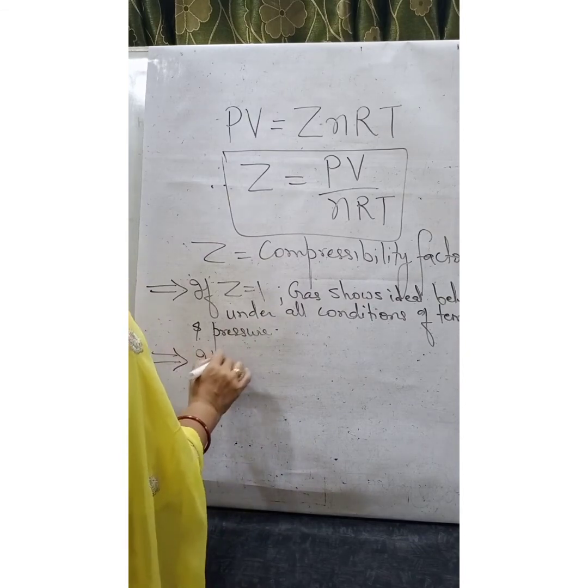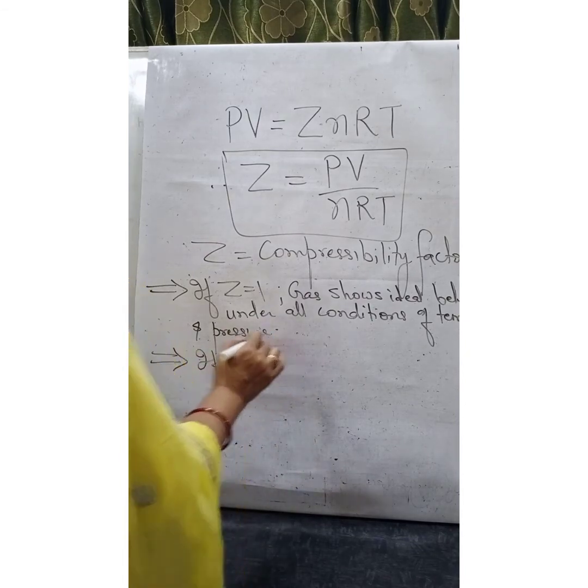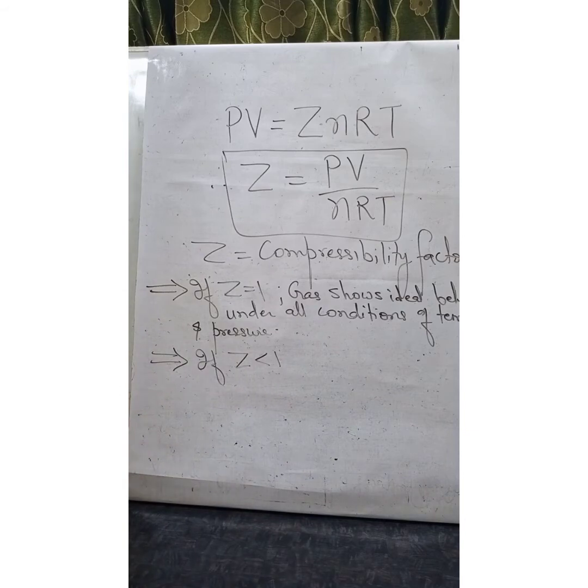Next, if Z is less than 1, the gas is real and shows negative deviation from the ideal behavior. This means that the attractive forces are stronger among the gas molecules and the gas can be liquefied easily.